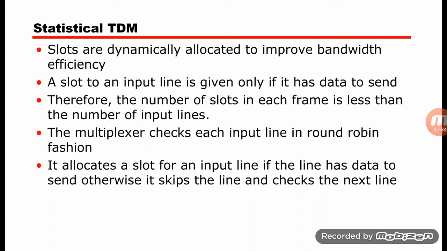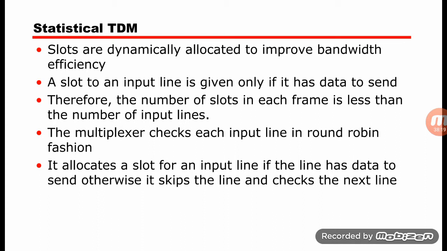Okay, so what happens in this? You know the meaning of statistical or statistics? It is concerned with numbers, and numbers which are not fixed, like random numbers. So slots are dynamically allocated to improve bandwidth.